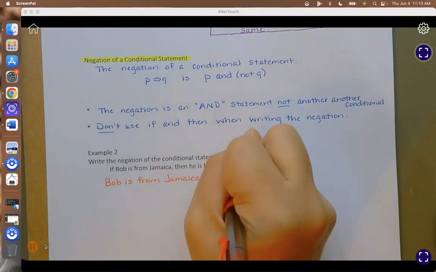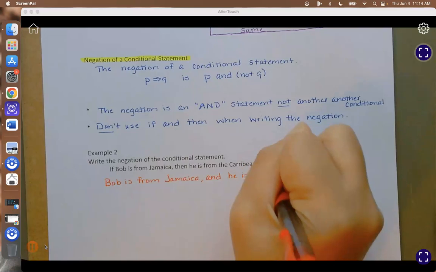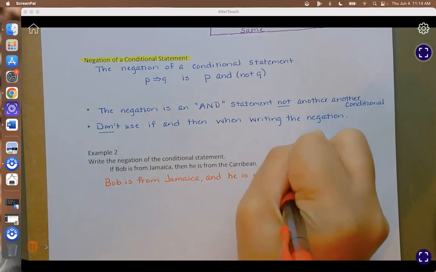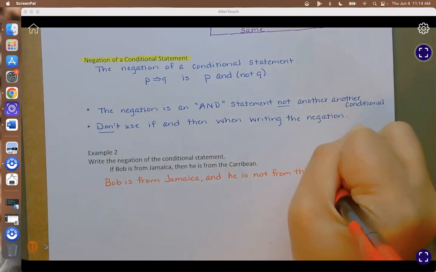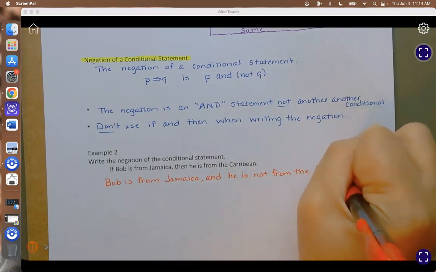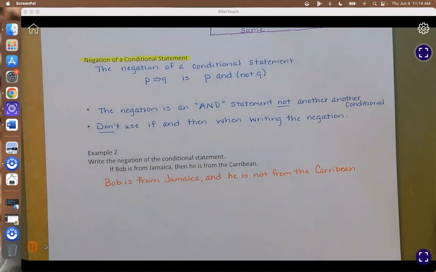He is not from the Caribbean. Okay, now remember, the original statement here is a true statement. When we negate something, it changes the truth value. And that means that this statement is now false. Okay, so if you have any questions, please let me know. Thanks. Have a good day.